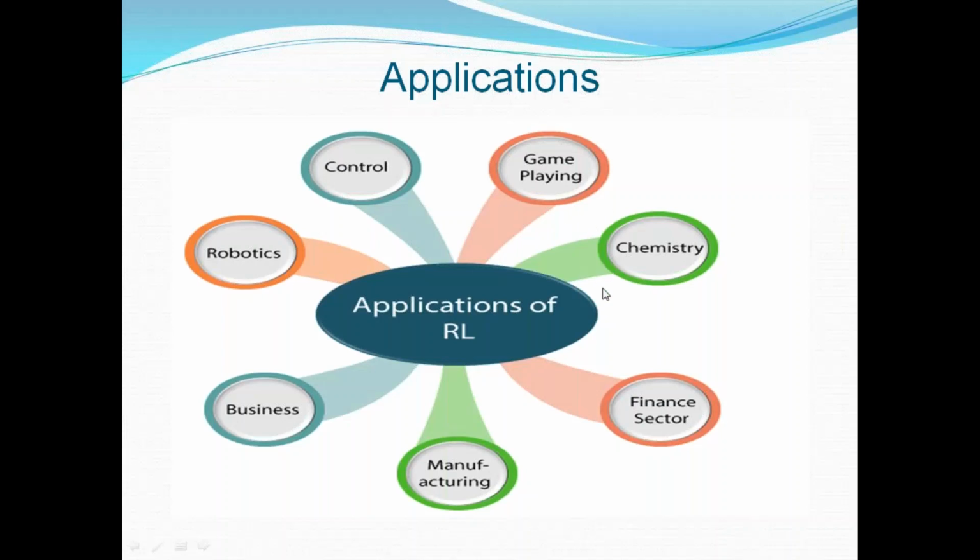In the finance sector, you'll be automatically giving the values of the trades and the inputs, and it will automatically get trained to that particular environment and give the final output. Manufacturing related is nothing but the autonomous cars which have been prepared, which are in process and will be available soon. So these are some of the applications of RL.